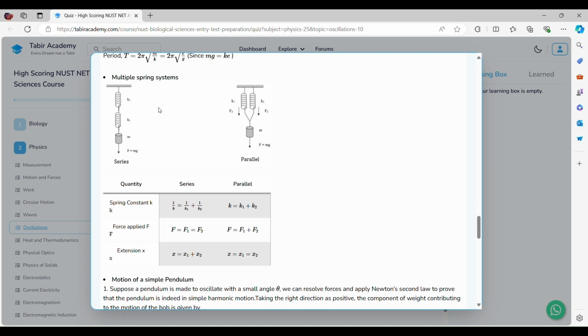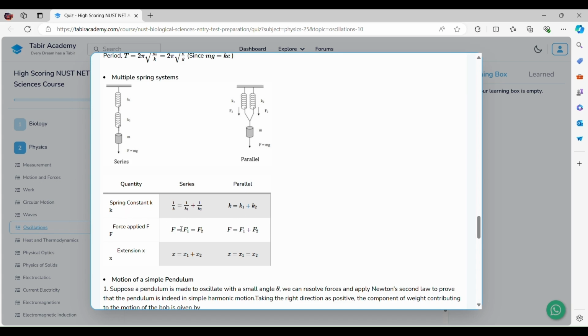These are multiple spring systems, series and parallel basically. Here you've got a single spring, here F1, F2, K1 and K2 basically. In series, the spring constant K is given by 1 over K equals 1 over K1 plus 1 over K2, whereas in parallel K equals K1 plus K2.